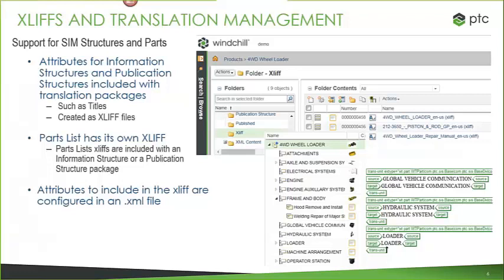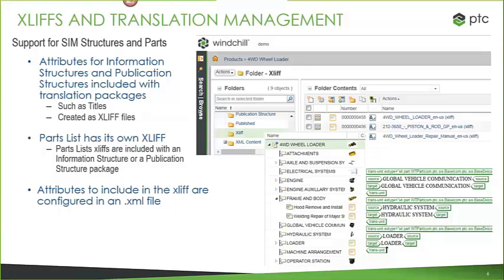Then when you create the translation package for a structure, in that translation package will be an XLIFF file, and that XLIFF file will include the strings that are identified as needing to be translated. In this screenshot, what we see at the top is the listing of the XLIFF folder. In this case, there has been an XLIFF generated for the information structure.